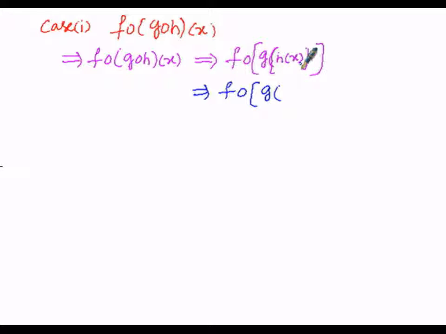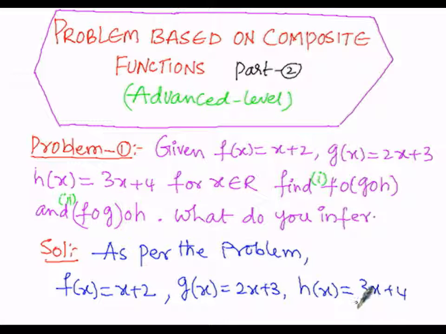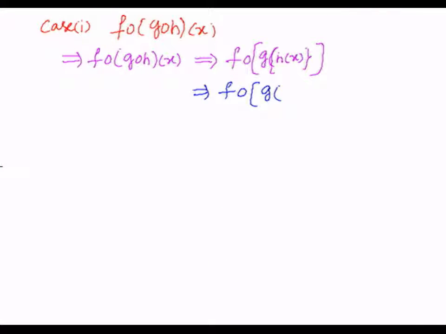So instead of h of x, we know that h of x is given by 3x plus 4. So I am going to substitute h of x as 3x plus 4. Then we have to find out g of 3x plus 4. So here we have to substitute 3x plus 4 in the original function, that is g of x.